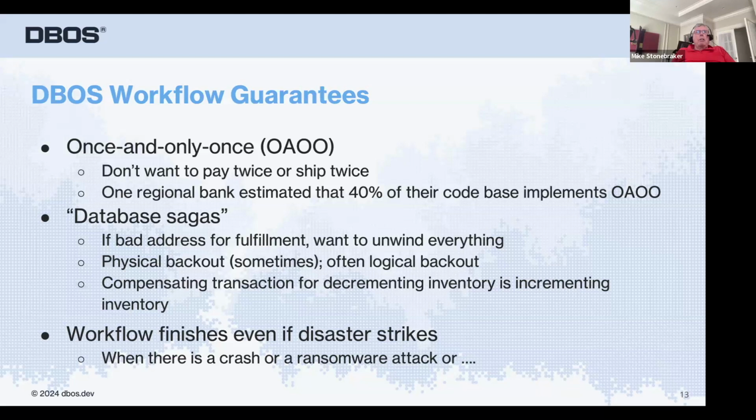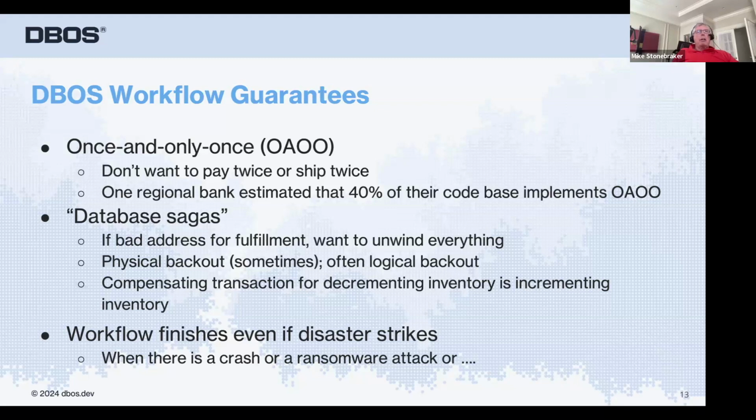So the guarantee that DBOS gives you is that if you buy into our sagas, then we will guarantee that when bad things happen, we do the right kind of unwind. And so we restore a consistent database that looks like your saga never took place, or if you want some other compensation, we will execute that compensation.